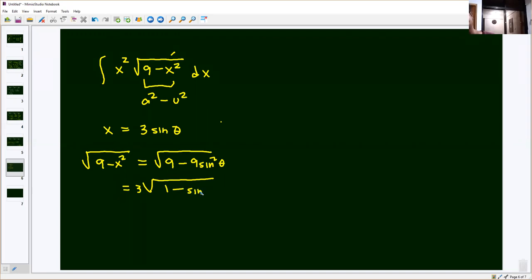Nakikita nyo, pag sanay na kayo, pwede nyo nang shortcutin to eh. Yung kapag, ito ang sub, ano ang lalabas, yung mga ganong bagay. So, this will become 3 cos. Lagay ko muna, mamaya ako na yung mga outside yung constants.